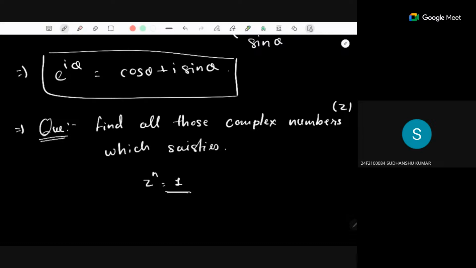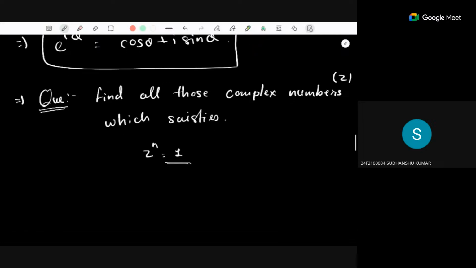The collection of all those complex numbers is known as the nth roots of unity. We can use Euler's formula to find what the nth roots of unity are.